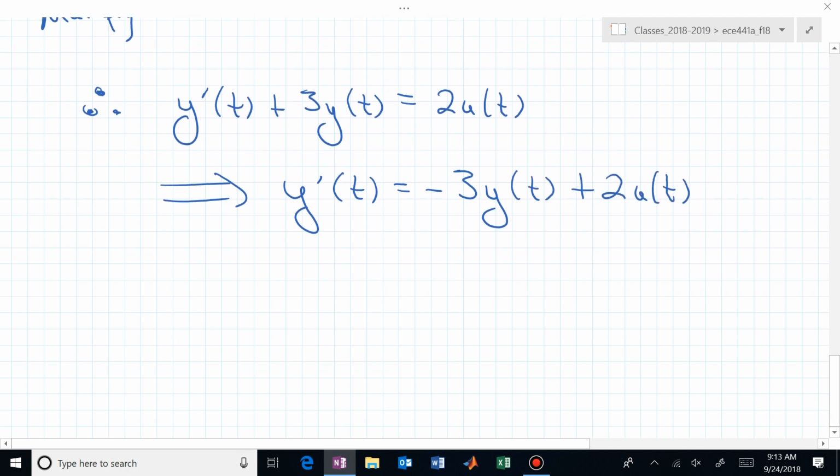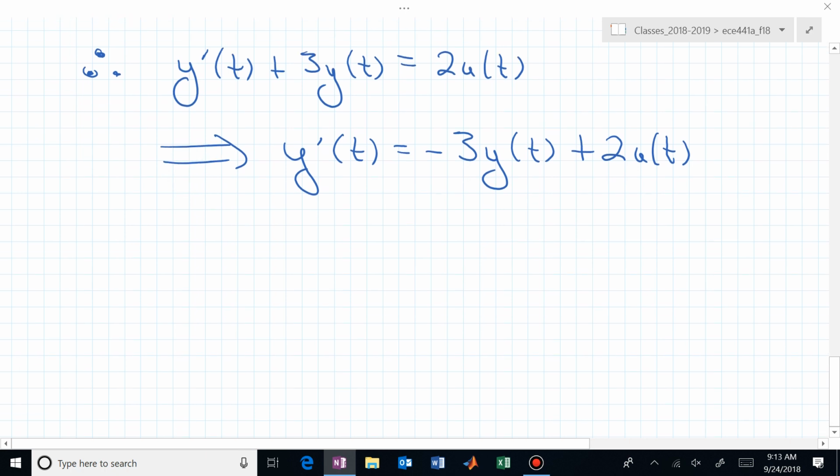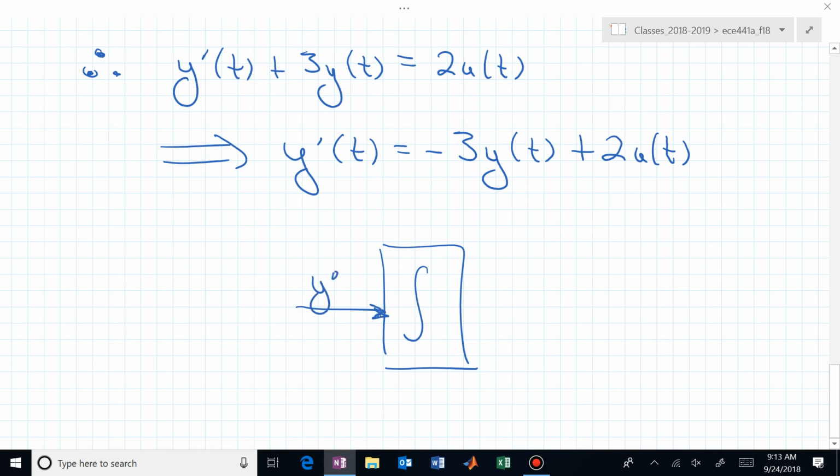And now can you see an all integrator block diagram that's just begging you to exist based on that first order differential equation? If you now simply had one integrator and put as an input into that y prime of t, what's the output of an integrator that has an input equaling the derivative of y?